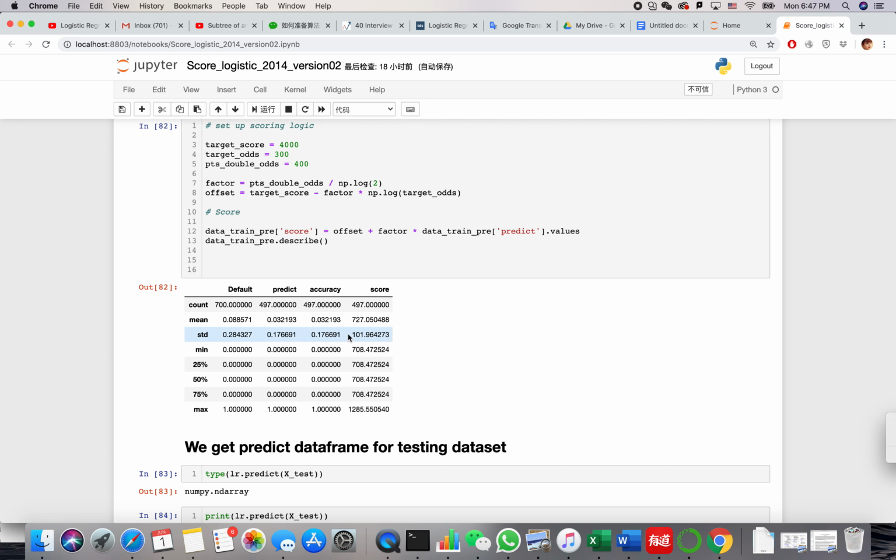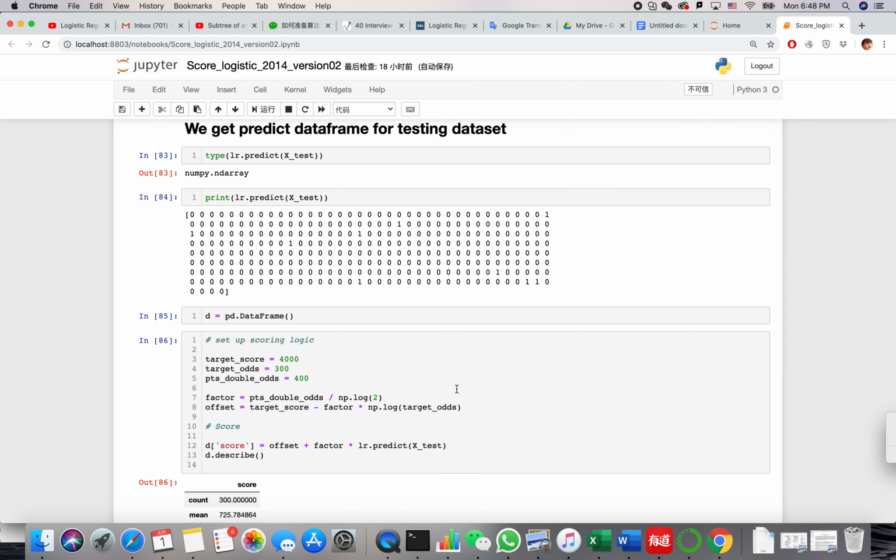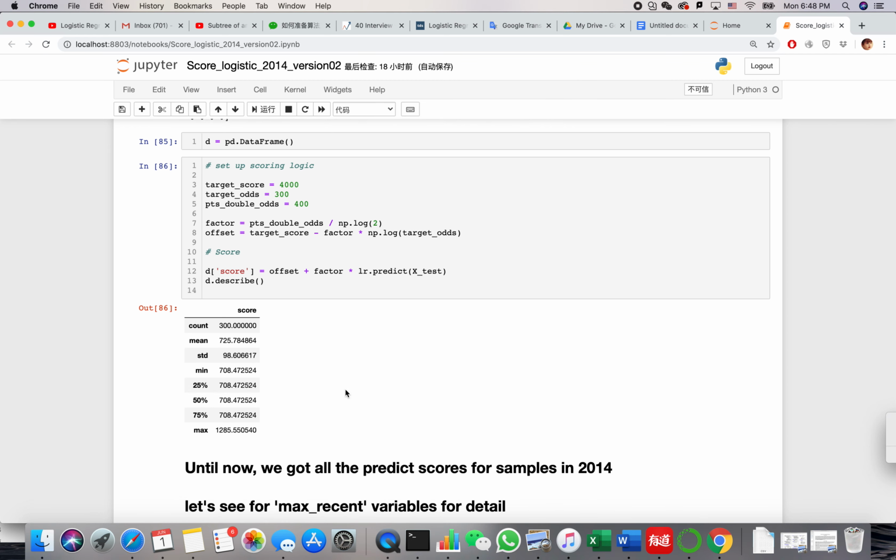The max is 1,285, and the mean is 708. And this is the testing dataset score.